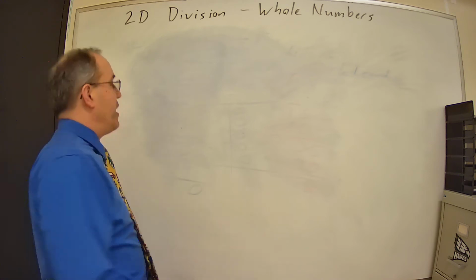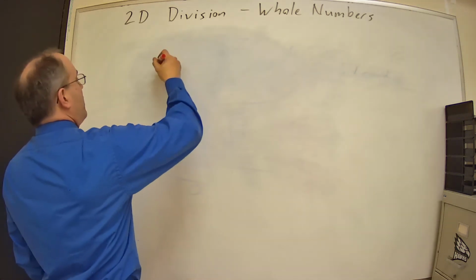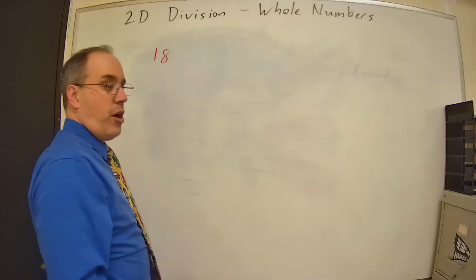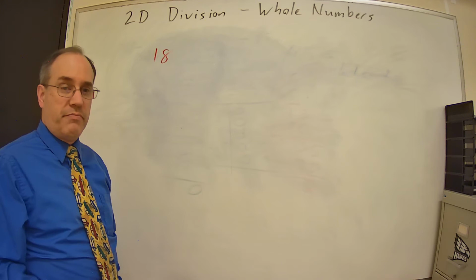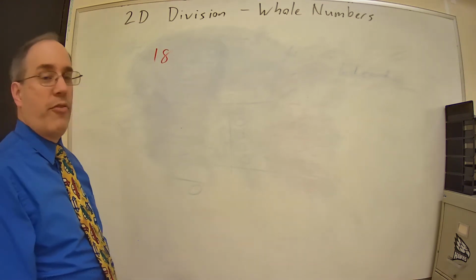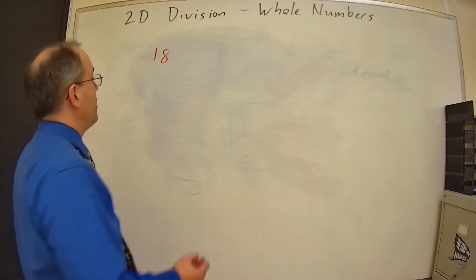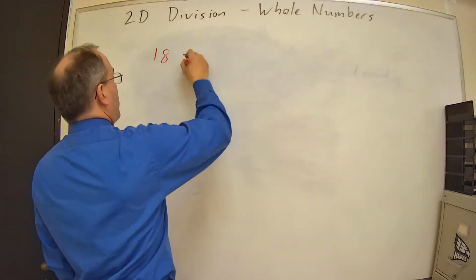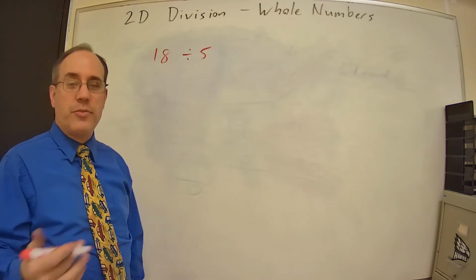Think of it this way. What if I have 18 candy bars that I'm going to share amongst 3 of my friends? Well, actually, no, make it 5 of my friends. So I'm going to share it amongst 5 of my friends. And I want to know how many candy bars am I going to give each one.